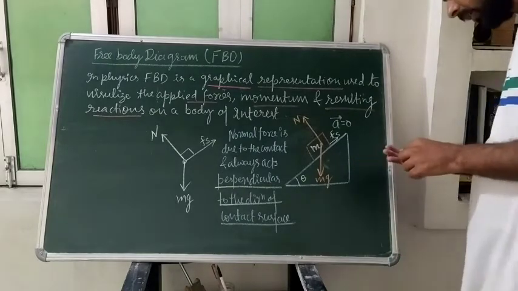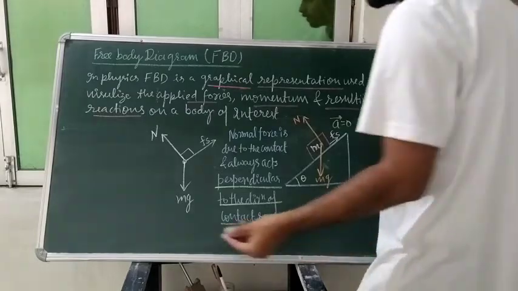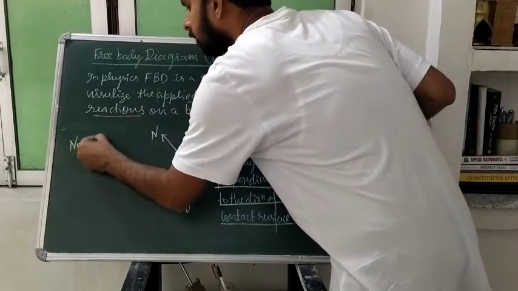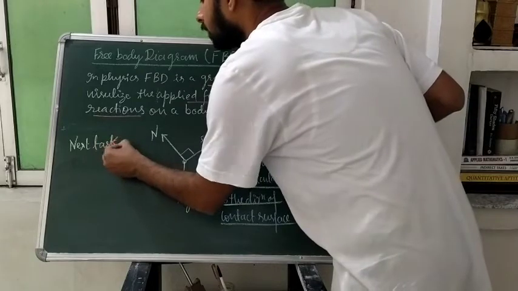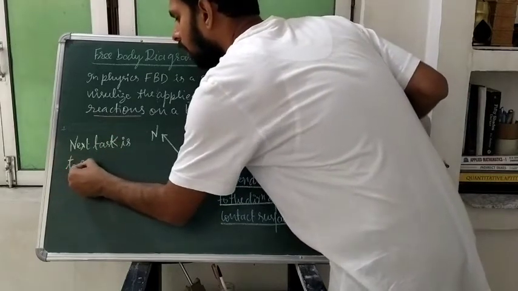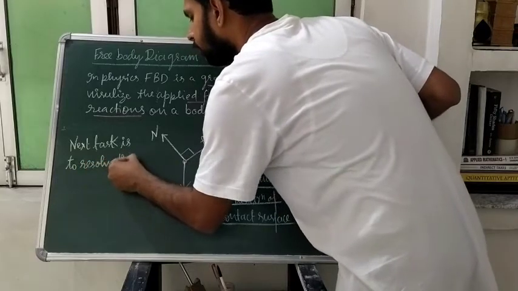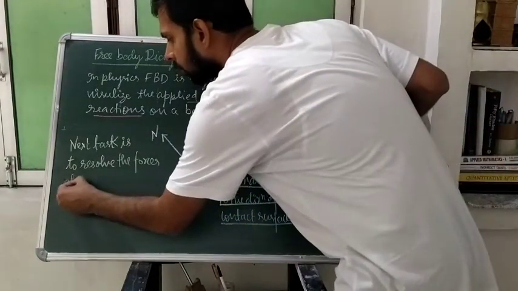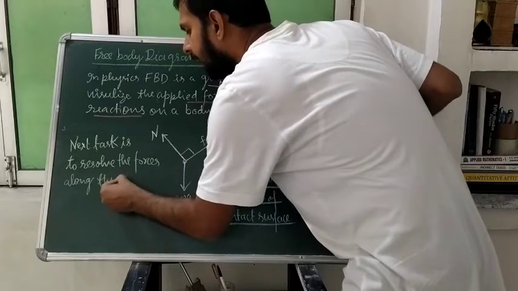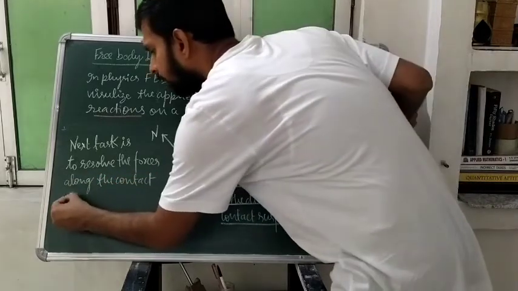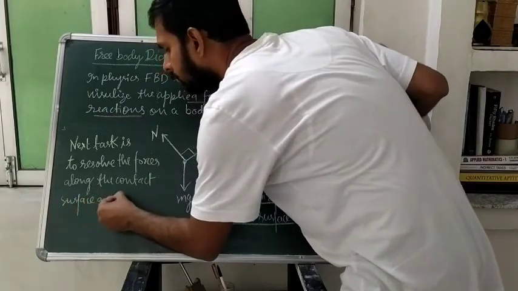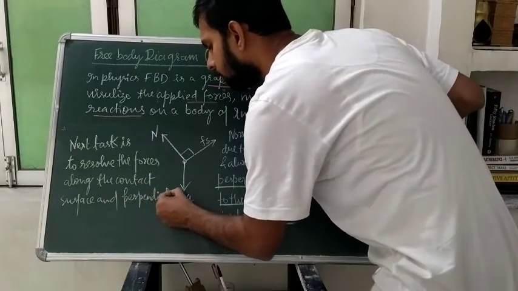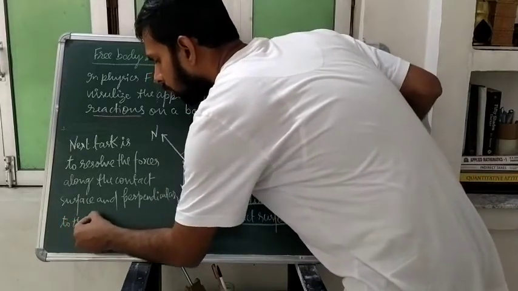So the next task in the free body diagram is to resolve the forces along the contact surface and perpendicular to the contact surface.